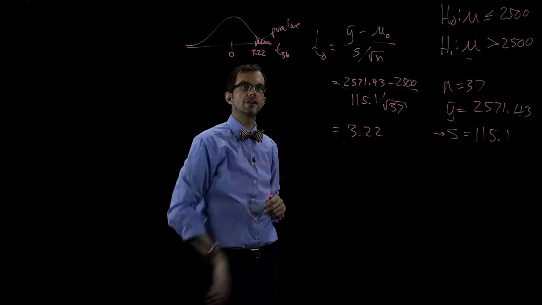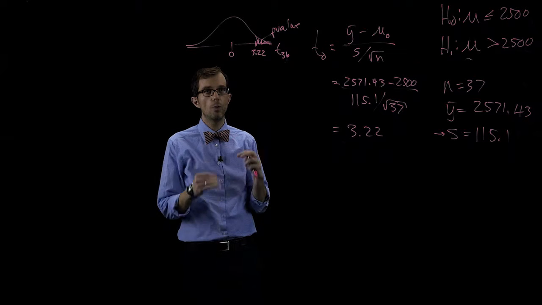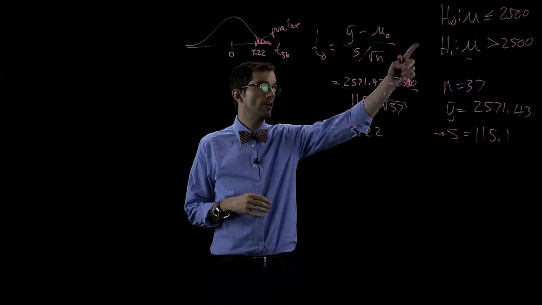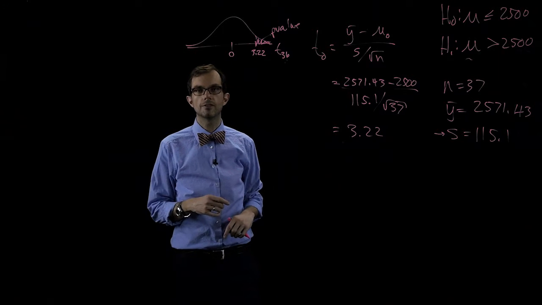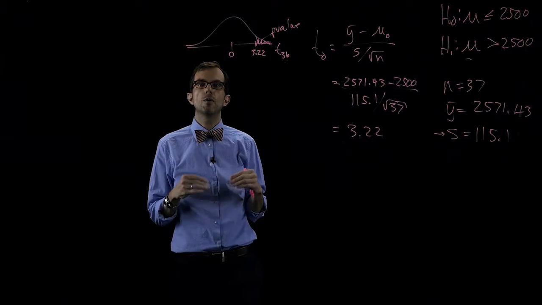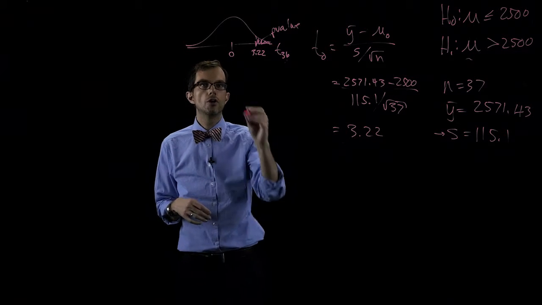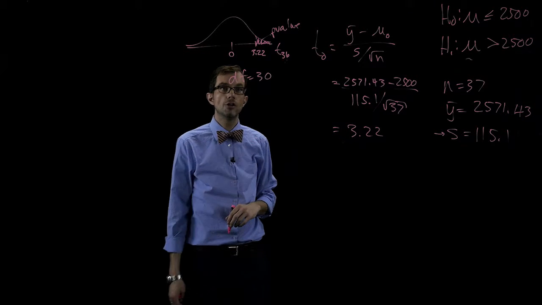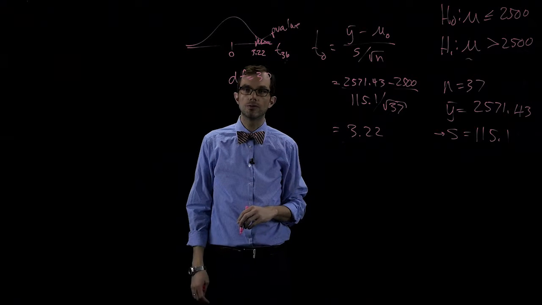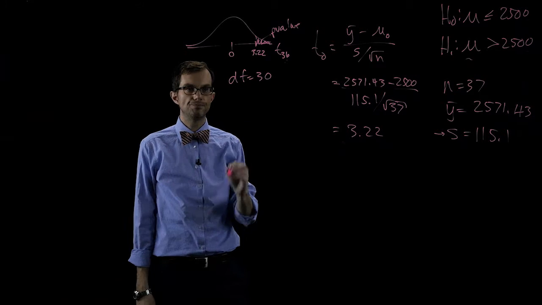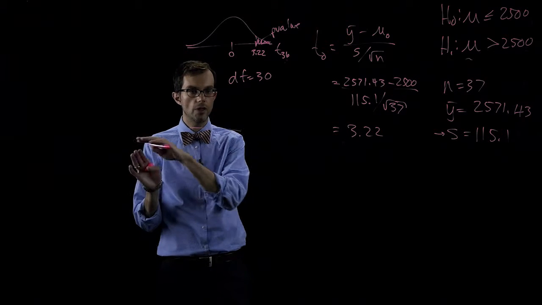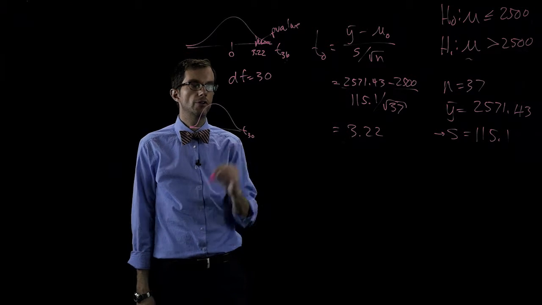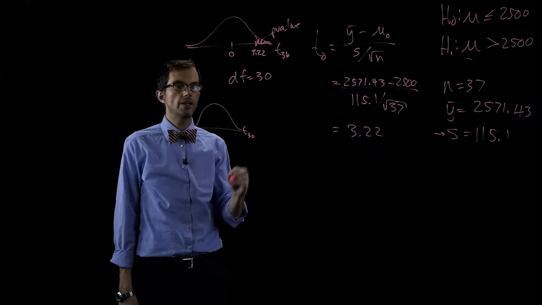If we want to be conservative, then we round down to degrees of freedom equals 30. So we go to the row for degrees of freedom 30, and we see this.